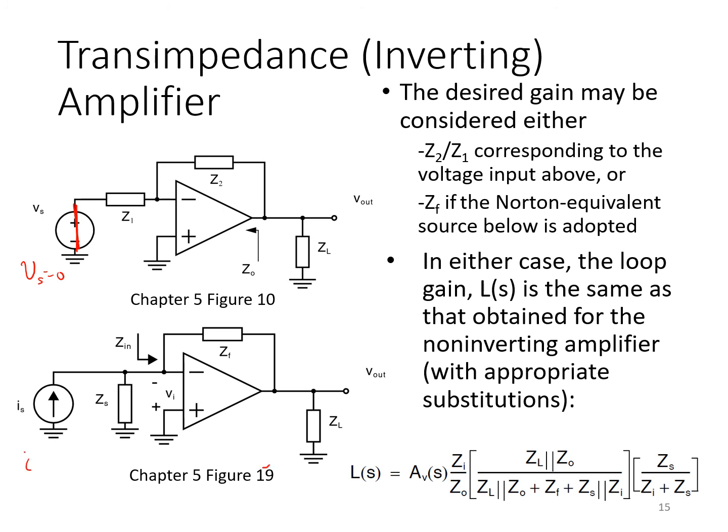Over here, if we set Is, the independent source, to 0, we basically replace it with an open circuit. And again, in any case, we always end up with the same schematic. And so therefore, the analysis for the loop gain L is very much the same in all cases, and the results are shown here in the bottom right.